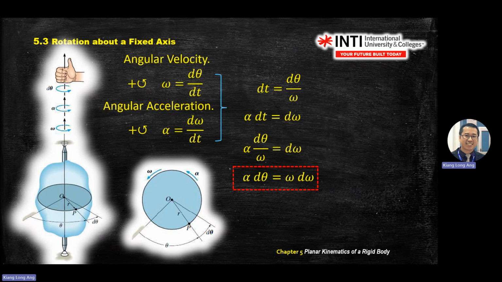A in chapter 1, you will change to alpha, r double dot. It's the same concept, only change the parameter. Same with here, you see, alpha is A, d theta is ds, omega is velocity, so v dv. It's still the same concept, but this one is in rigid body. And this equation is for rotation.